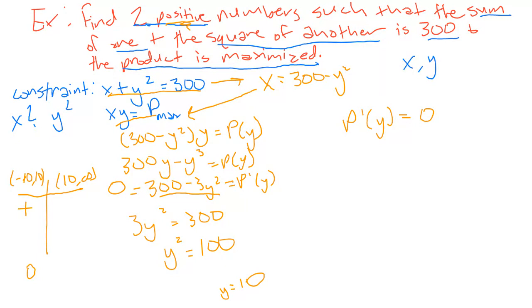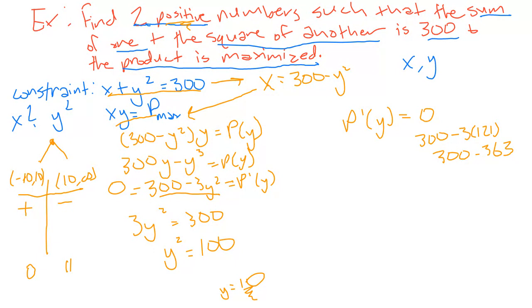Now let's say we want to plug in 11. That's going to get us 300 minus 3 times 121, which is 300 minus 363, so that's going to be negative. So we can see our function is going up and then down. Therefore, this is going to be a maximum at y equals 10.